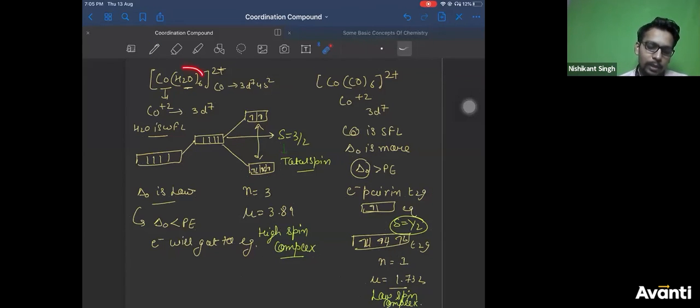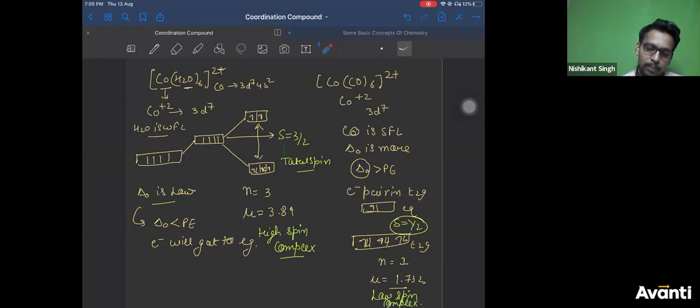So filling is easy, na, Pritesh. If your ligand is weak, delta O is low, T2G and EG mein gap is less. So after filling 3 electrons, 1, 2, 3, 4, 5, then the next electron will come back, 6, 7, right? But if your delta O is more, means what?